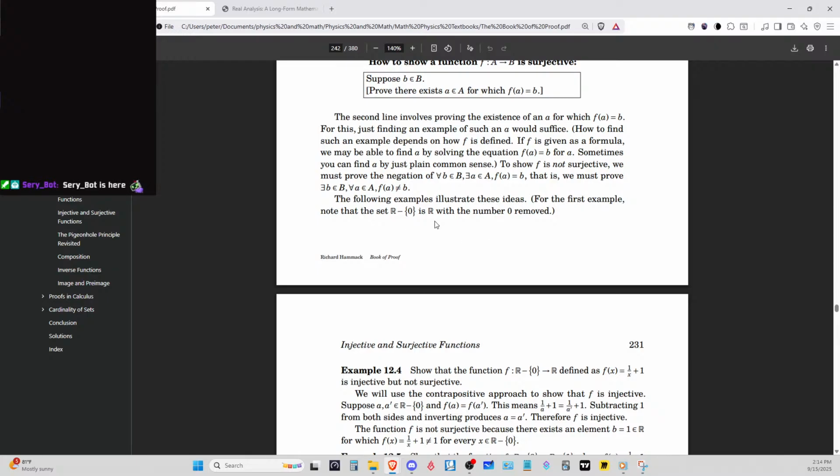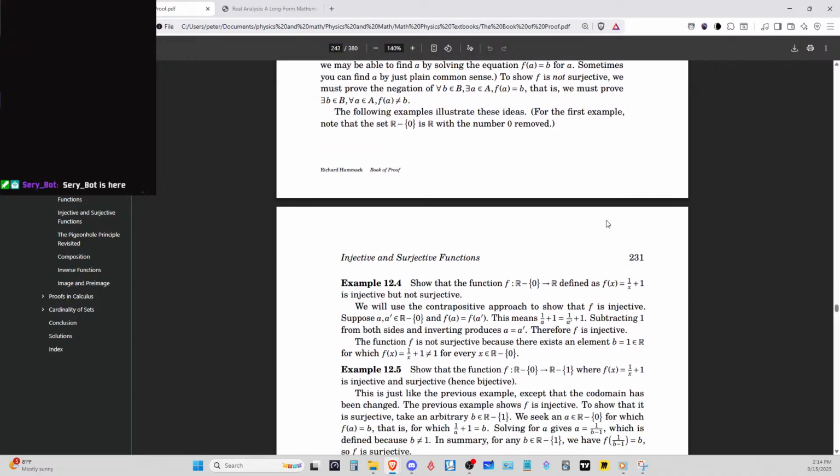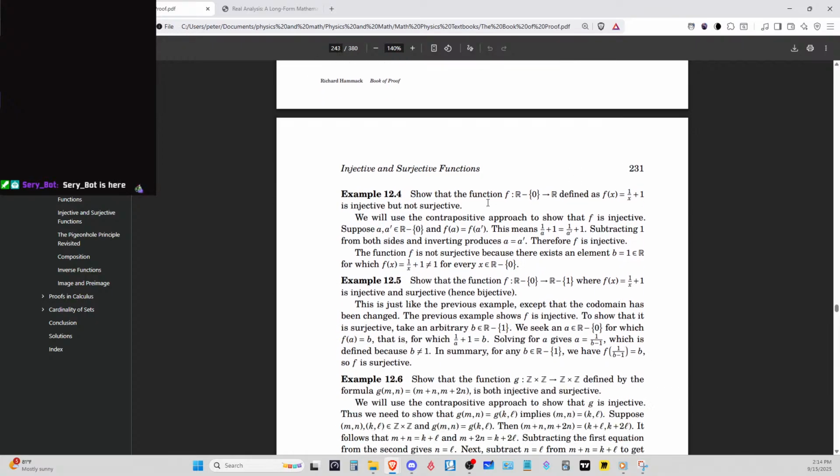For the first example, note that the set of real numbers minus the set {0} is the real numbers with the number 0 removed. Okay. So show that the function from the real numbers minus the set of 0 to the real numbers, defined as the function, is injective but not surjective.